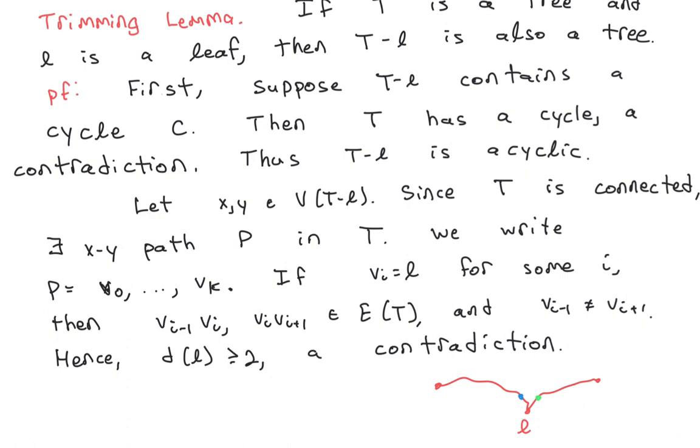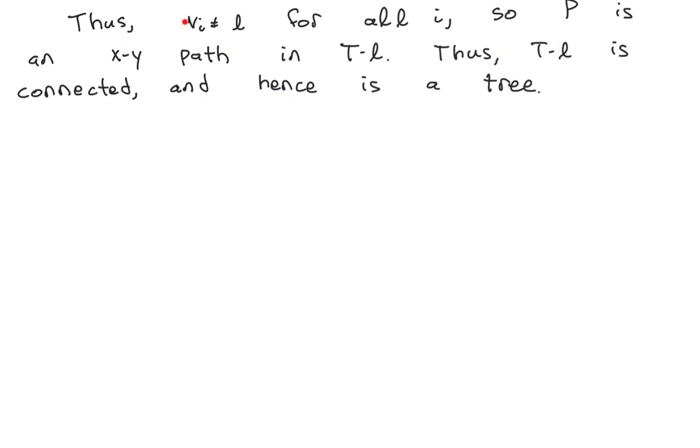And due to the definition of a path, these vertices have to be distinct, which means we have two distinct edges incident to L, which contradicts the fact that L is a leaf, because we now see that the degree is at least 2. So if the path goes through L, then we have a contradiction. Therefore, the path has to avoid L. In particular, that means no vertex on the path was L, which means P is actually a path from x to y in T minus L. Thus, T minus L is connected, and hence a tree.